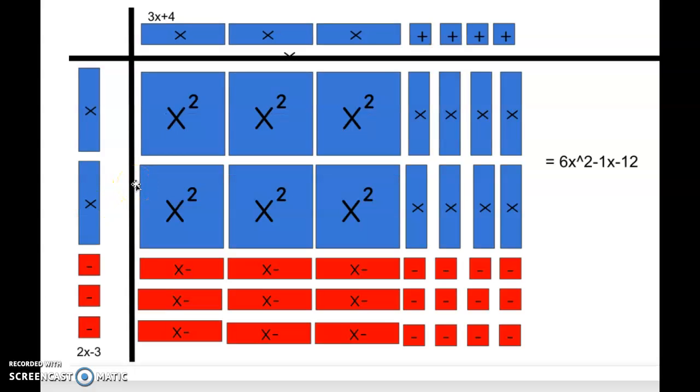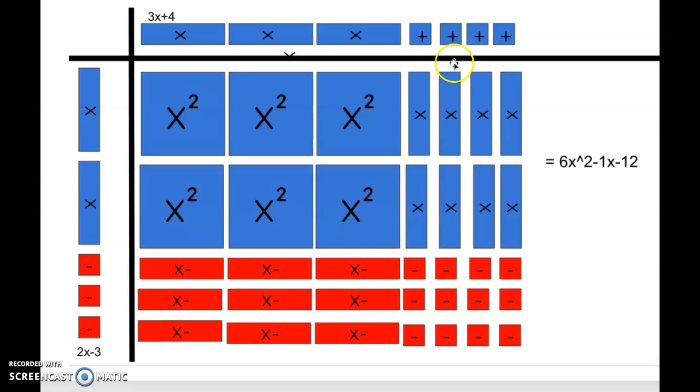My last equation here is 3x plus 4 and 2x minus 3. I multiply all these x's together to get these x squares for a total of 6, and then I multiply my positive 1's times my x's to get 4 positive x's here and 4 positive x's here. Down below, I'm multiplying a negative times a positive, so these are negatives, and I get a total of negative 9x.